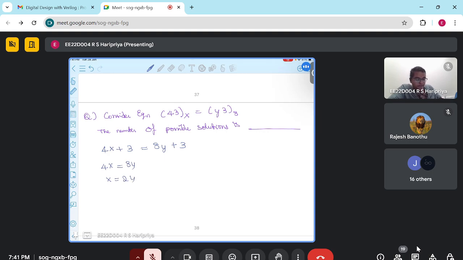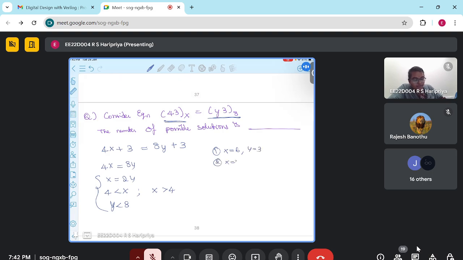Next, any other condition? X should be greater than 4, from this side, and from here y should be less than 8. So these three conditions should be satisfied. So the first solution can be x is equal to 6, y is equal to 3.